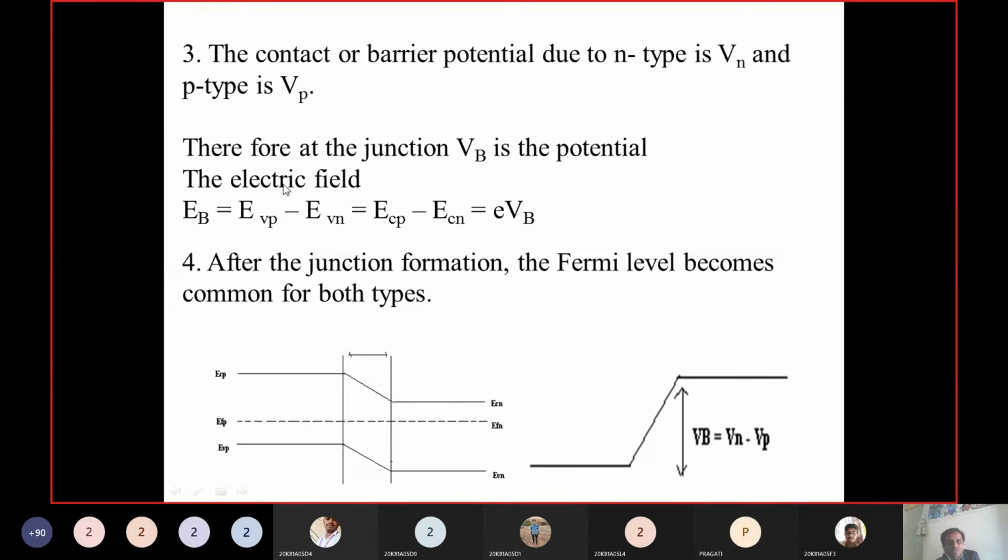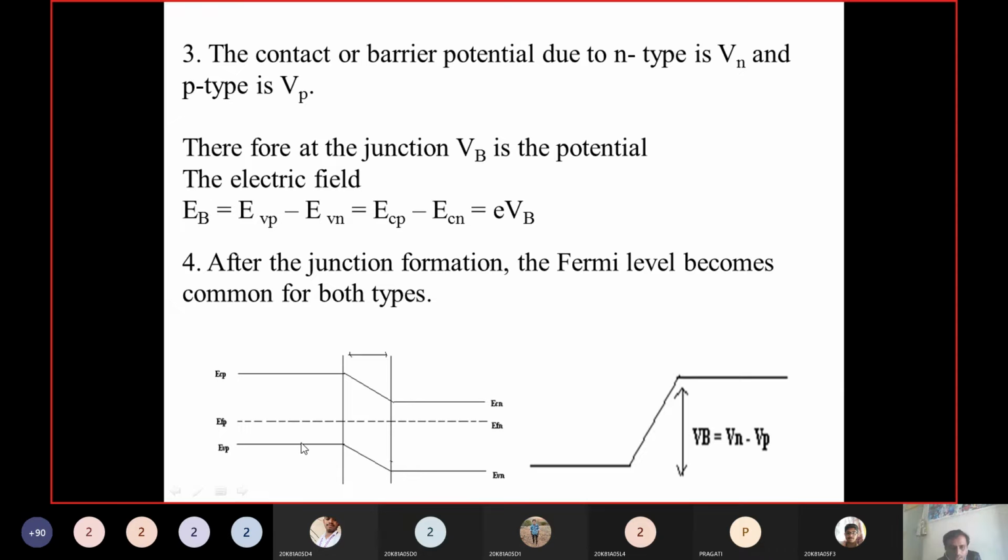Now, the resultant electric field. What is the electric field? It is the energy difference. Suppose this is the conduction band energy in the P region, and this is the valence band energy of the P region. The electric field will be the valence band of the P region minus the valence band of the N region.